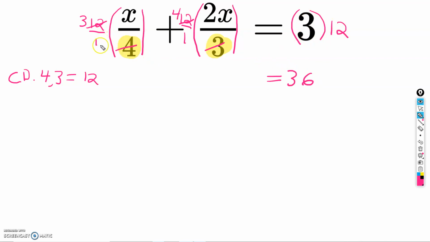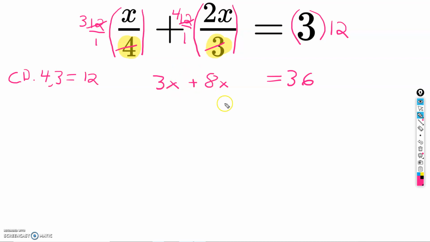On our left side, we knocked out our fraction entirely, so we just have 3 times x. Same thing over here, we knocked out our fraction, so now we just have 4 times 2x, which is an 8x. Now look, no more fractions. This is exactly what we want.